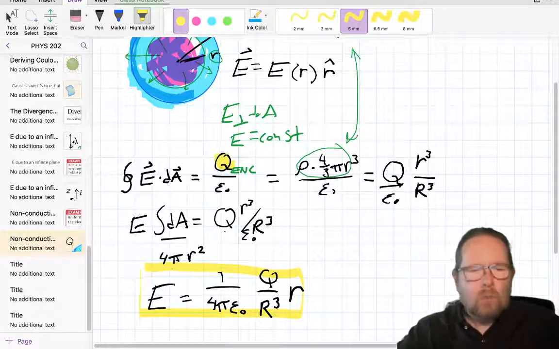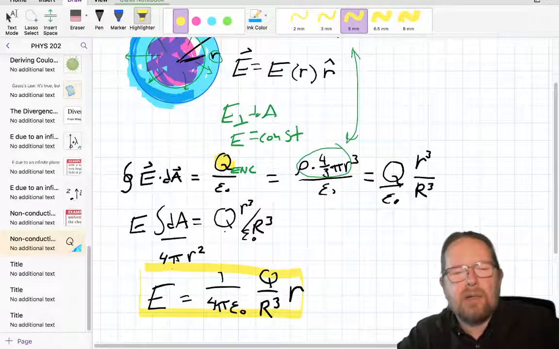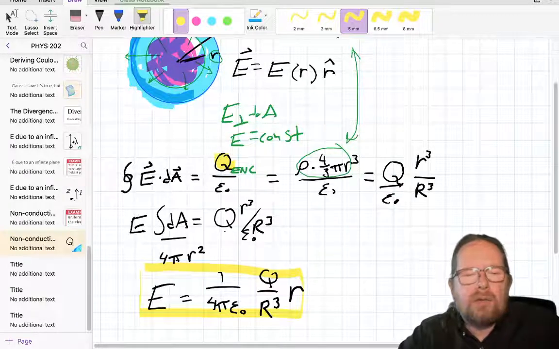So what this means is, inside the sphere, the electric field actually increases linearly with your distance from the origin.